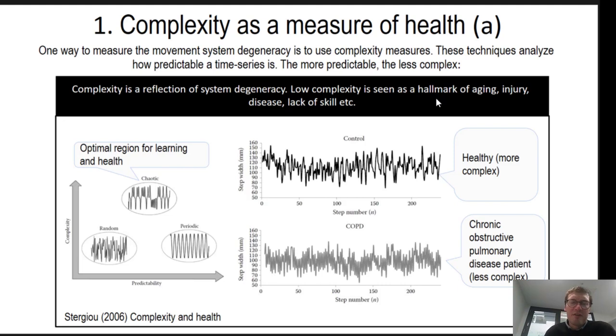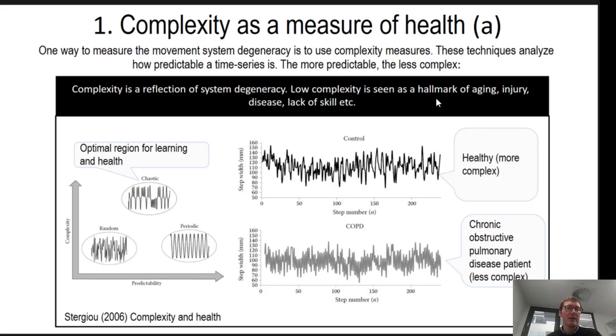To start with, a little bit of background needed to understand this work is the concept that complexity is a measure of how healthy a system is, or potentially how healthy a human being is.